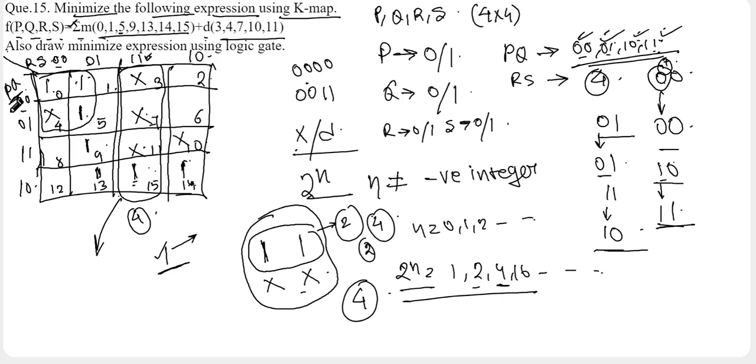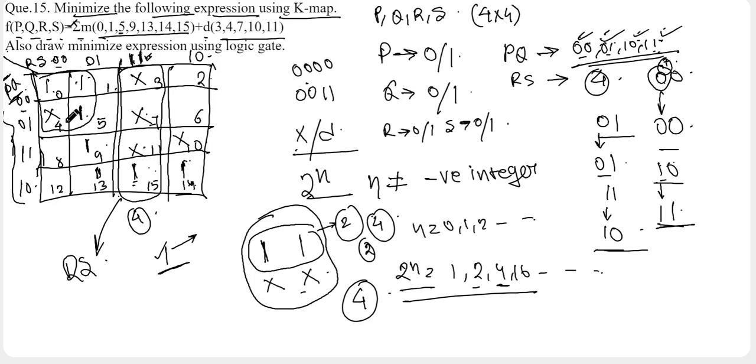So we can't write any boolean expression including the variables which are representing the row value because the row values are continuously changing for this group. Only the column values are fixed, right? The column values are fixed at 1 and 1. So this group is represented by rs because 1 is signifying the variables r and s. So this group is represented by the variable rs.